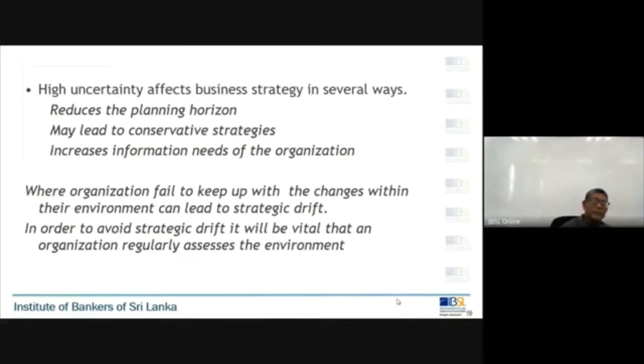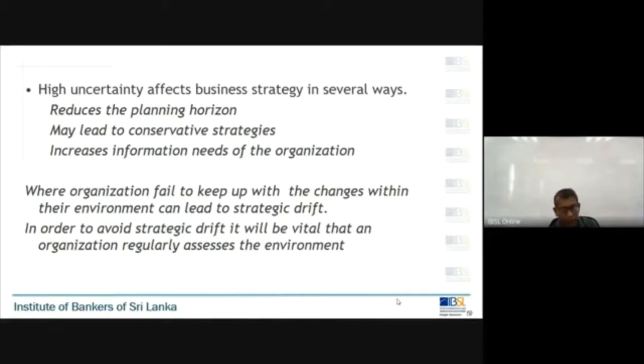Now, how do these uncertainty factors impact our business strategy? They reduce our planning horizon. I told you at the very beginning, earlier we planned for 10 years, then it was brought down to 5 years. At present, we usually prepare a strategic plan for a 3-year horizon.